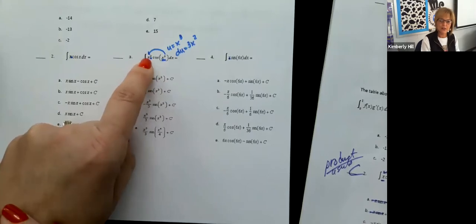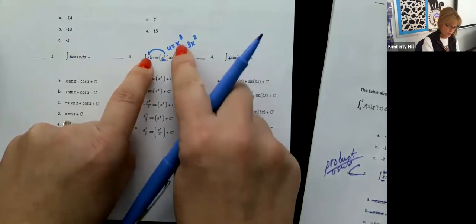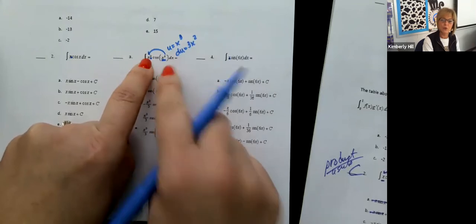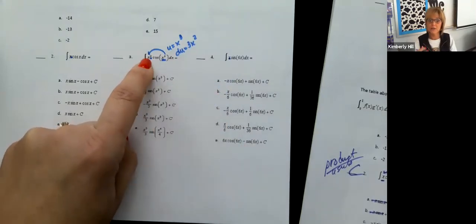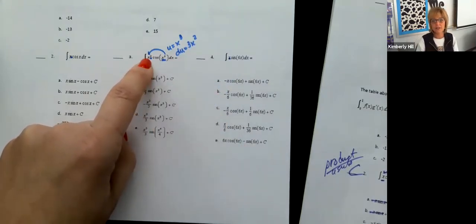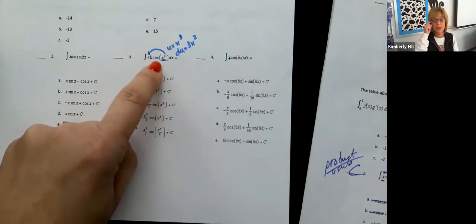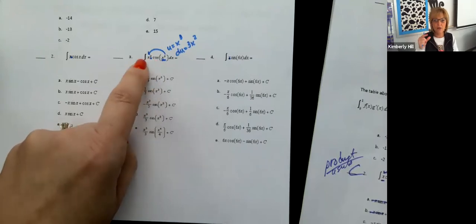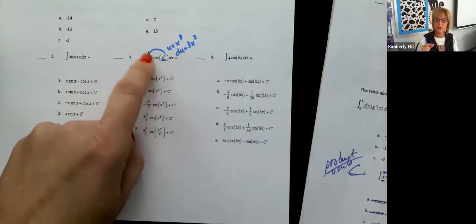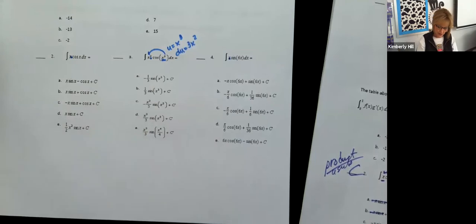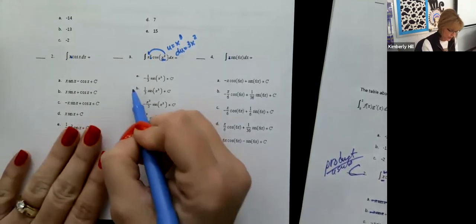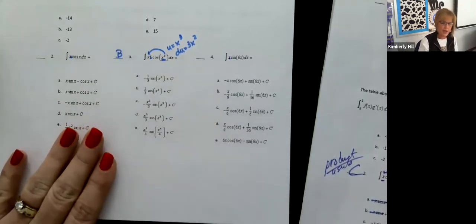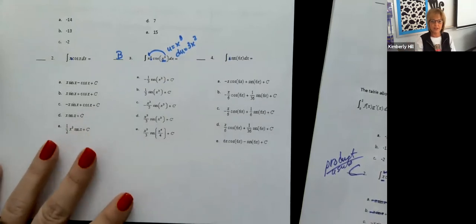So if this is an x squared out here, when you take the derivative of your u, you have to get an x squared. I can fix the 3, but I can't fix the x squared. So this could be a u-substitution because we have a u prime with a u. I'm not going to take time to do the u-substitution. You should get B for that one. I'll put it on my answer key, but I don't want to take time for that.